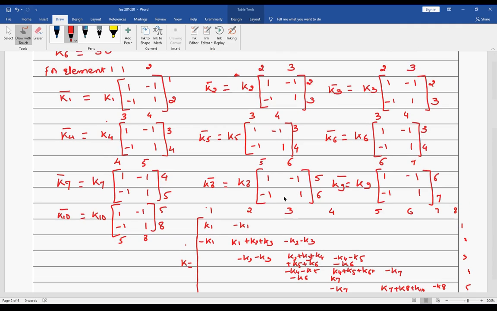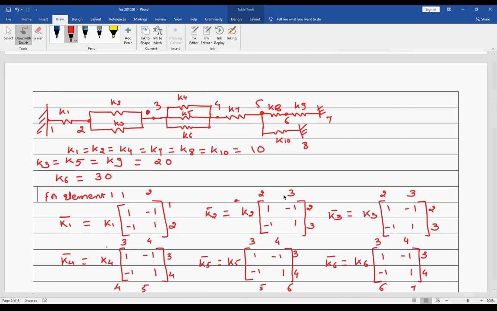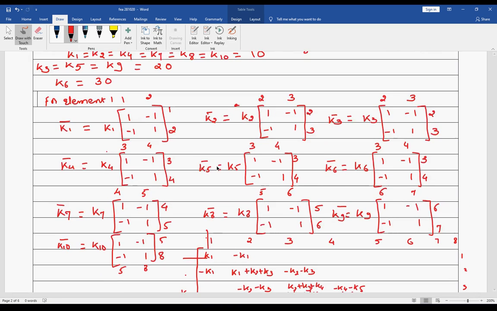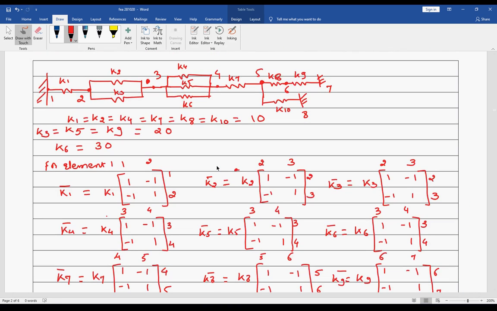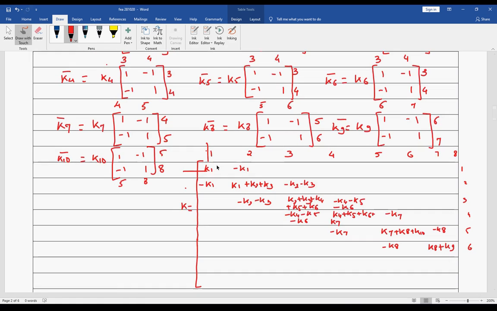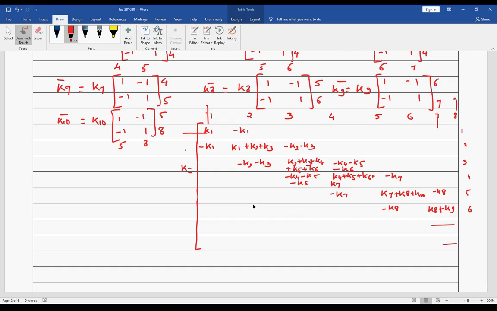And now since 1 is fixed, you can eliminate the first row and the first column. Then you have 7 and 8 fixed, so you can eliminate 7th row and 7th column, likewise 8th column and 8th row, and in this way you will have the global stiffness matrix and you could solve it.